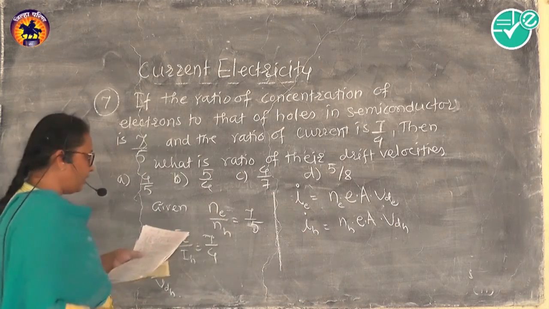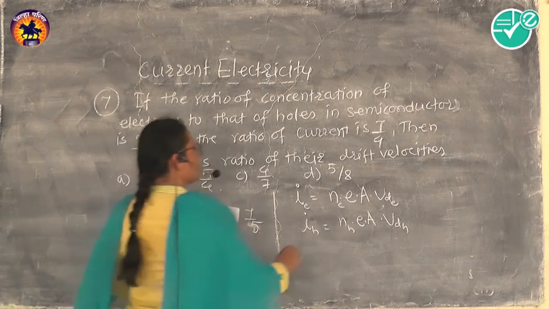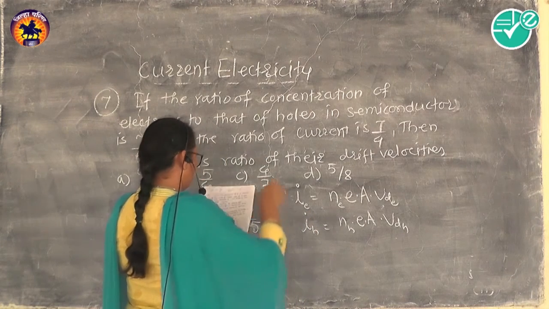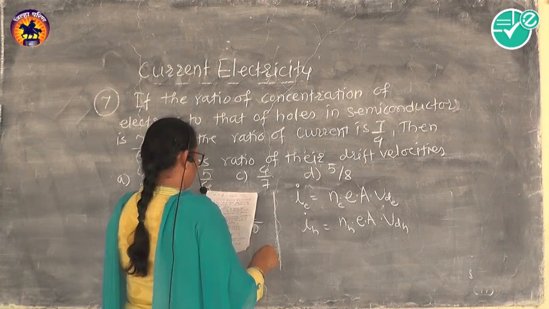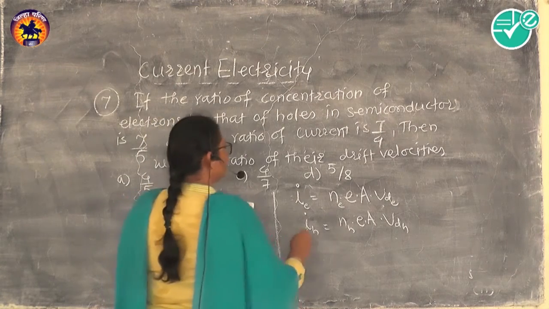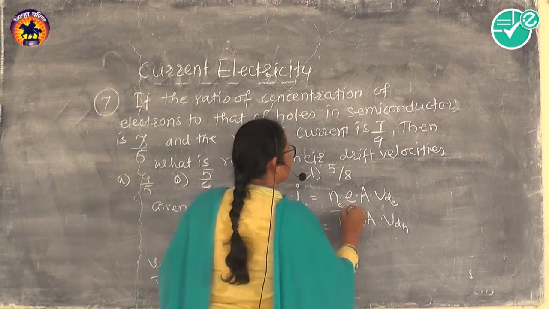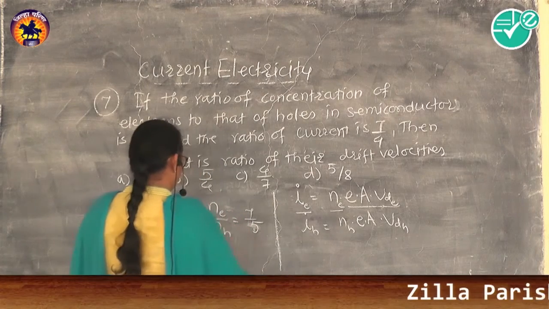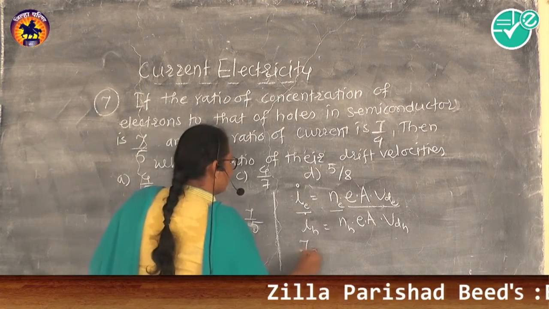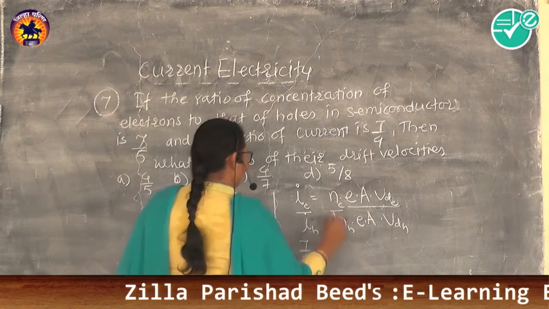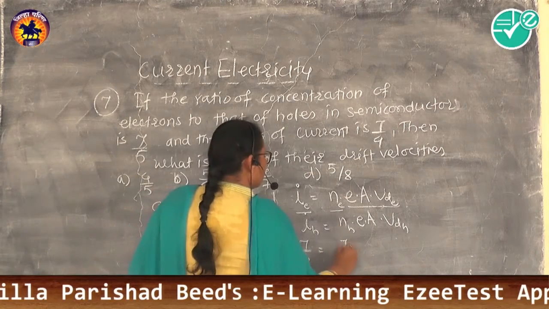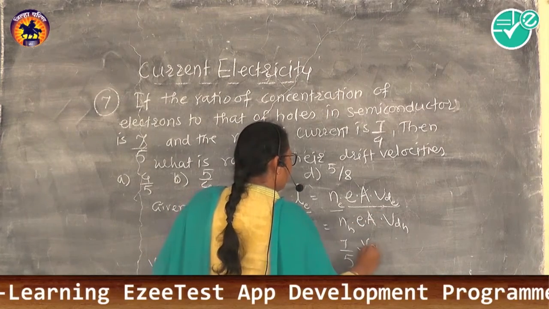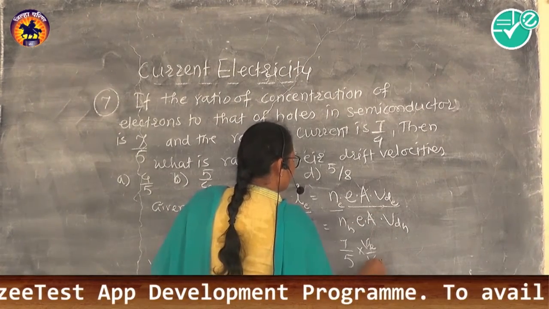As it is asked VDE to VDH, so divide. This ratio is given, that is IE to IH, which is 7/5, equal to NE to NH, which is 7/4. All these things get cancelled here, leaving VDE to VDH.